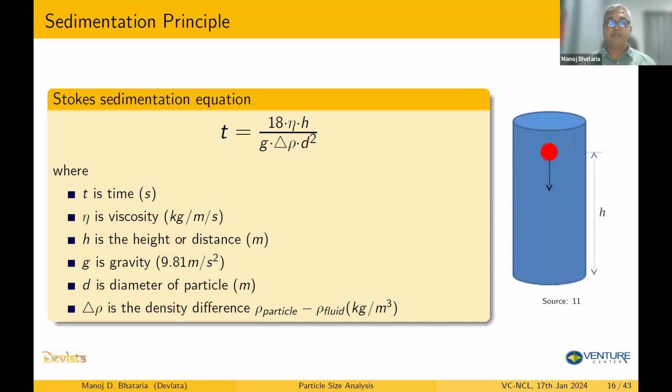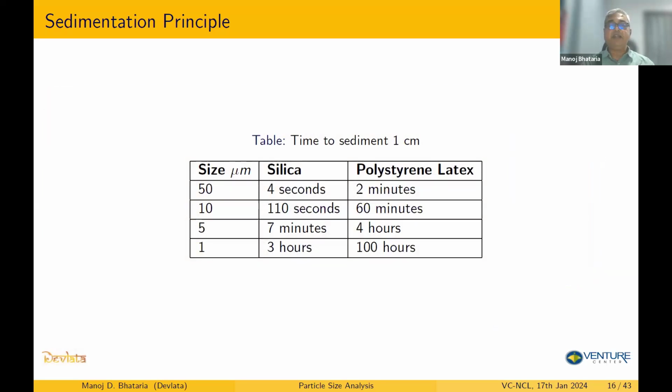Now, this is a typical time it takes for particles to sediment. If you have, let's say, a 50 micron silica, it would sediment by 1 centimeter in around 4 seconds. For polystyrene latex, it will take around 2 minutes. This depends on the size and also on the density of the particles.